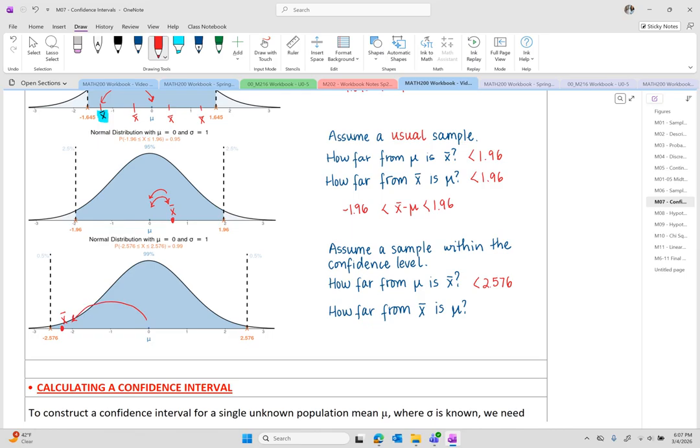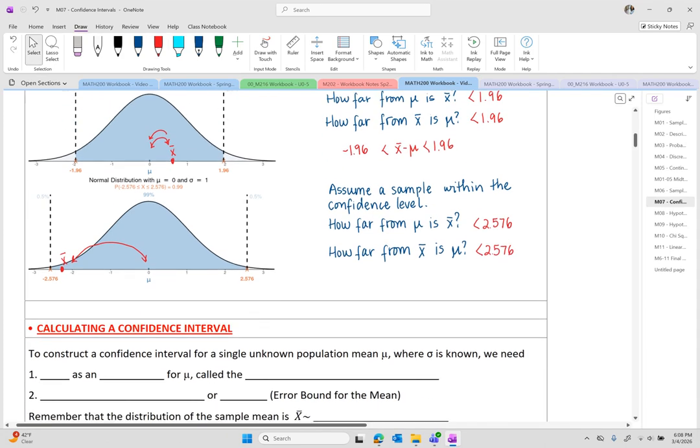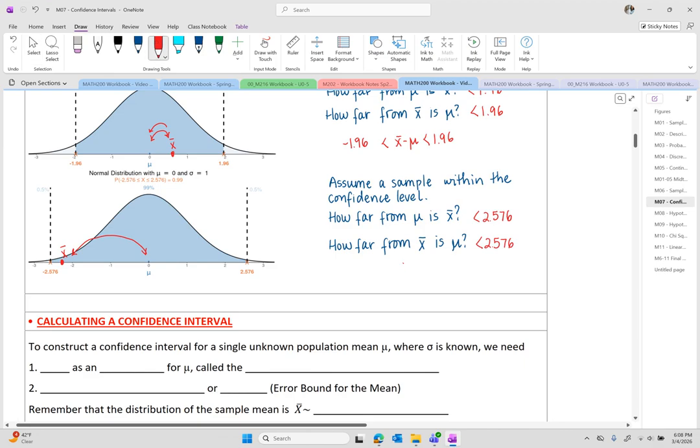And that also means that if you know your sample mean, which is the only value you know, you can guess that the mean will be less than 2.576 standard deviations away from your sample mean. And again, the difference between the statistic and the parameter will be some value less than 2.576 standard deviations and greater than negative 2.576 standard deviations.